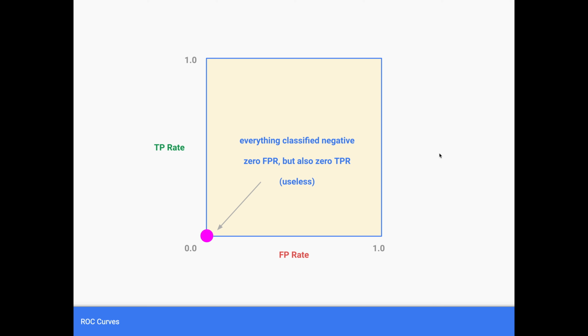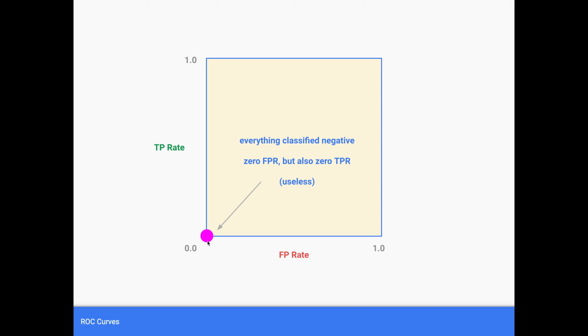Again, using extremes to develop an intuition is sometimes a good thing to do. So let's see where a terrible classifier will sit on this ROC square. This classifier classifies everything negative. It doesn't do any real work. It's just lazy.